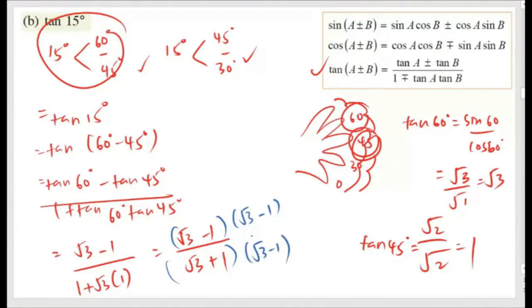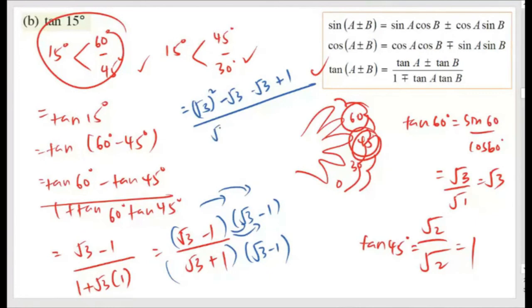Okay, we do this. Okay, so now you multiply. So you get square root 3 squared minus 3 plus 3, minus 3, minus 1, it becomes minus 2, like this. Negative, negative, positive. Then the bottom, square root 3 squared, then plus square root 3 minus square root 3 and minus 1.